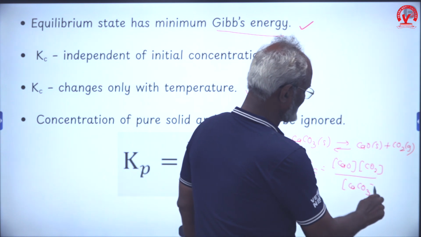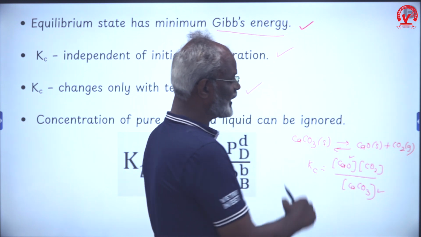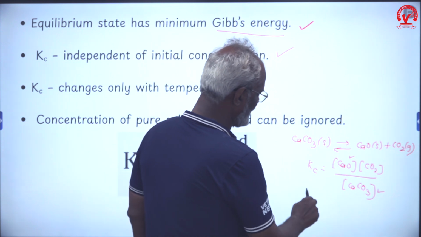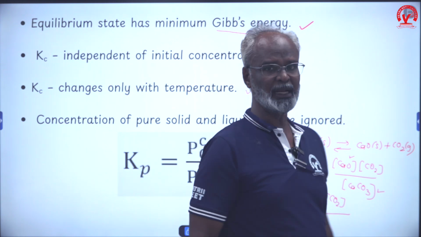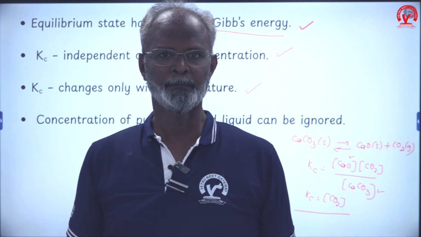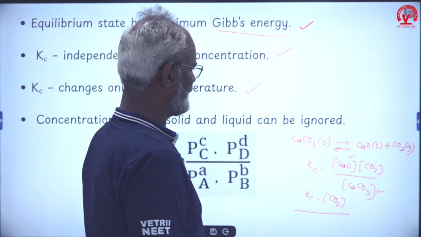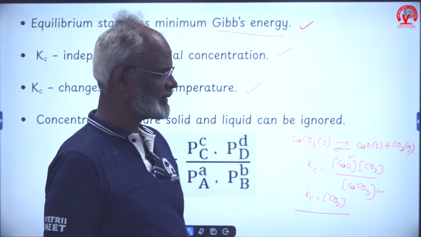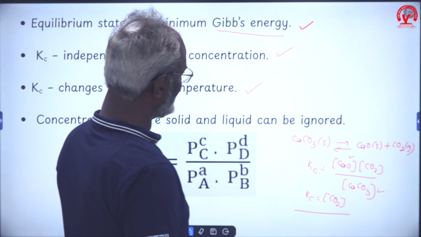But calcium carbonate and calcium oxide are pure solids, so concentration does not apply to them. Therefore I can simply leave them and write Kc is equal to CO2. So in the equilibrium constant equation we can ignore pure liquids and pure solids, and include gases and solutions.